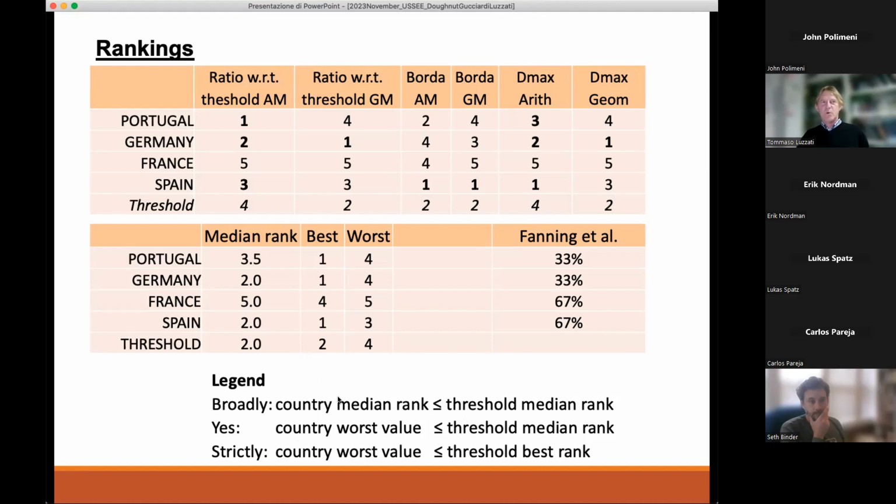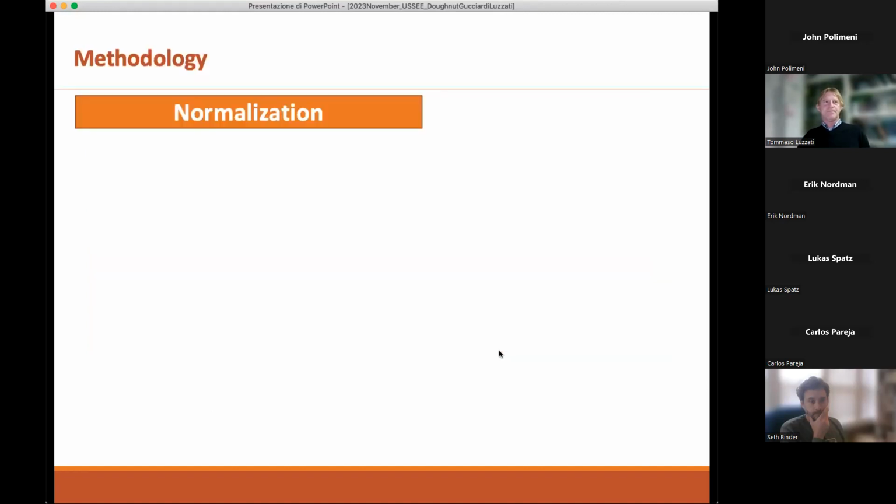But this is not important here. And so we can give some assessment, which is clearly a different metric with respect to what is suggested by the paper of Flanagan and colleagues. But we will see it better when I show our results.